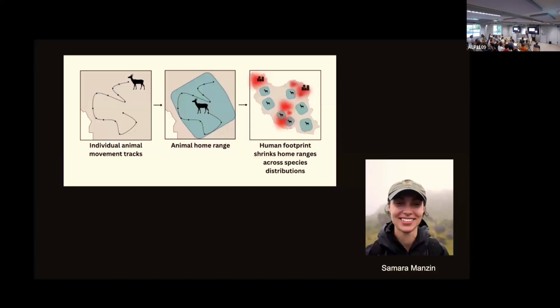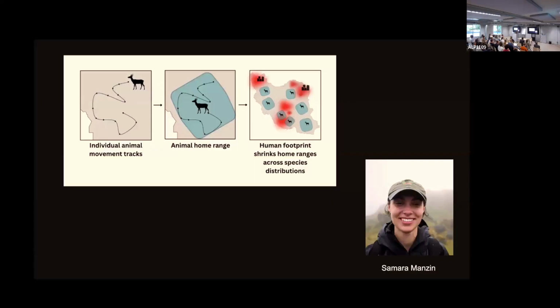The trick is to take this data and make it at a species level, and then you can say, well, if we understand that this individual contracts its movement based on land cover change, well, we know what land cover change is doing. That's easier to model, and then you can estimate those things.